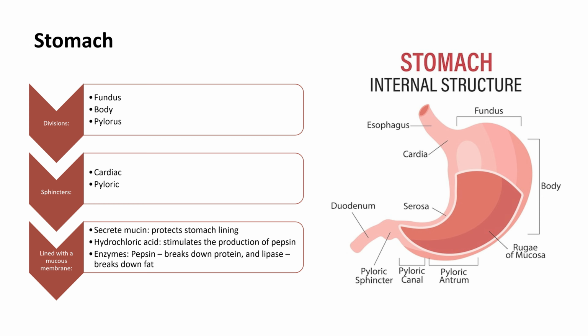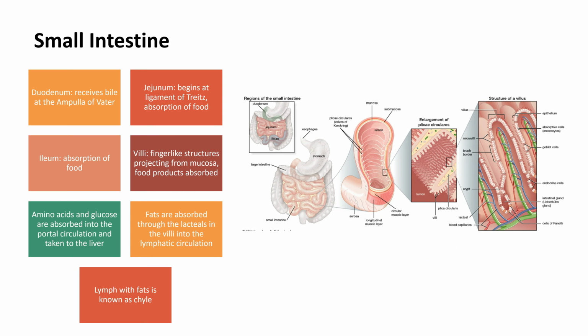You have your hydrochloric acid, which is going to stimulate the production of pepsin, which breaks down connective tissue in meats and kills bacteria. And you have your enzymes. So that's your pepsin, which breaks down protein, and lipase, which works on fat. And your stomach contains rugae, it's pronounced different ways. I've heard folds, and these folds allow for that expansion in your stomach.